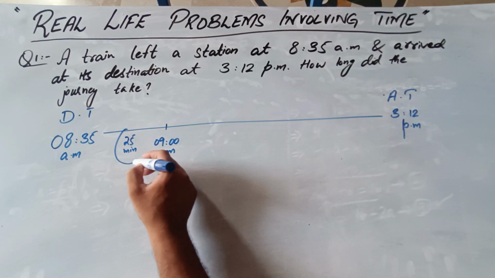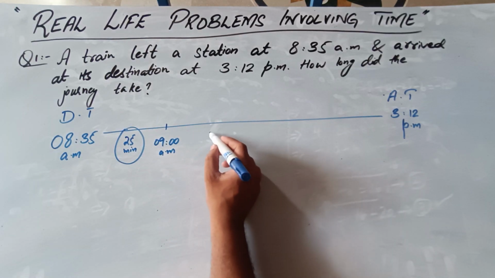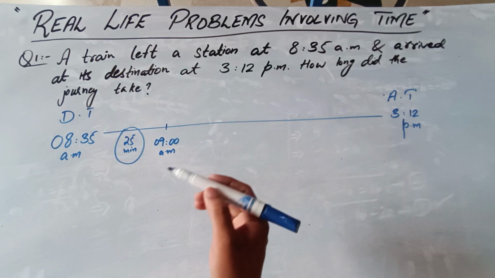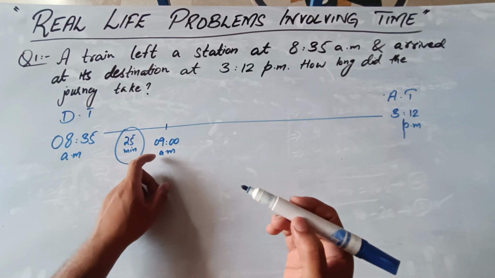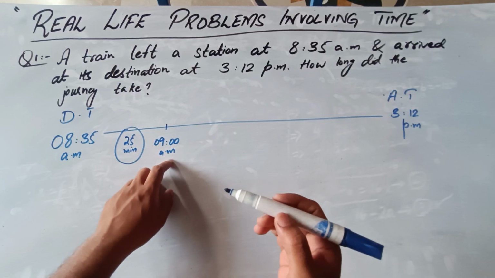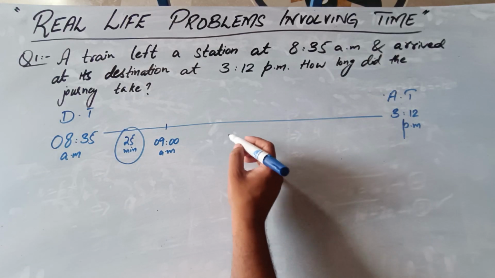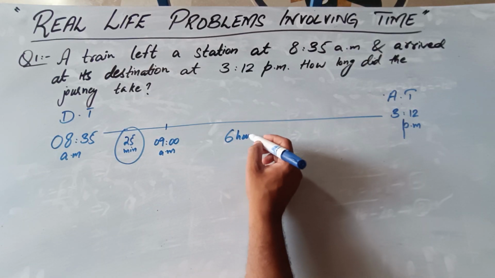So we have added these minutes. Then after 9 a.m. I'm adding 6 hours. From 9 a.m. to 12:00 p.m. are 3 hours, and again from 12 till 3 are 3 hours, so I am adding 6 hours in total.